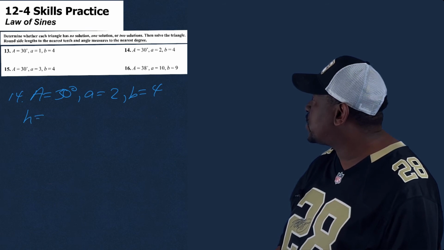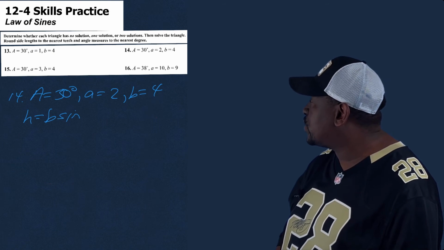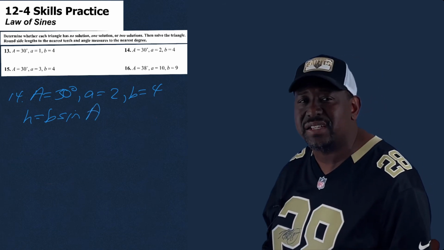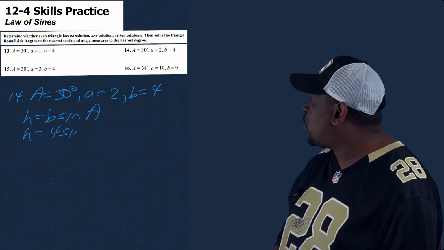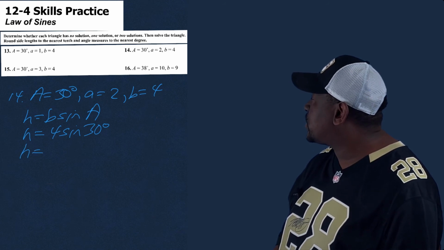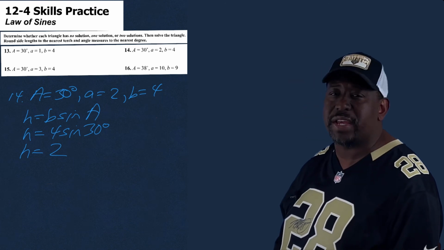And so the first thing we have to do is determine whether the triangle has no solution. We do that by finding the height of the triangle that this would create. And so there's a formula we can use. That height is equal to B times sine of A. So we substitute those values in because they're given in the given information.